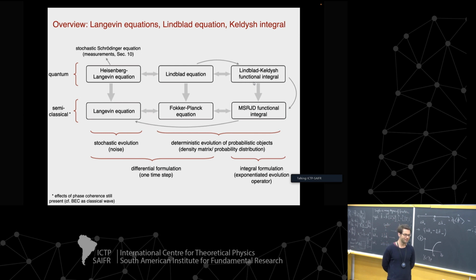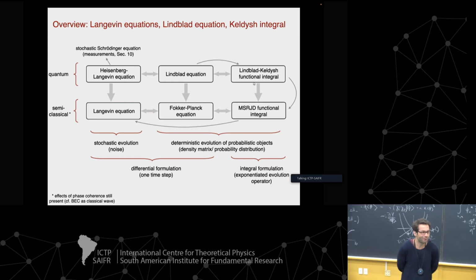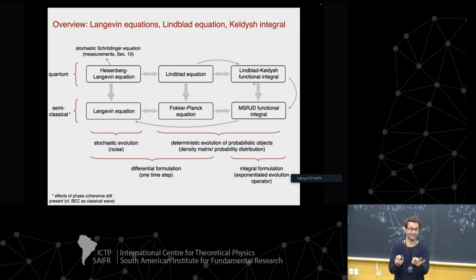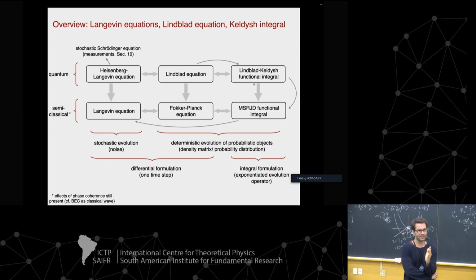I did this a thousand times just to convince myself. It gives, of course, the same result. There are subtleties in operator ordering and all of that. But this is a self-fulfilling prophecy if you don't make mistakes in your calculation. If you take the same assumptions, for example this Markovian assumption, meaning that you make an expansion in derivatives of time, on the action level you get exactly the same action.